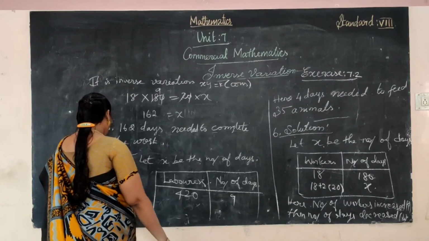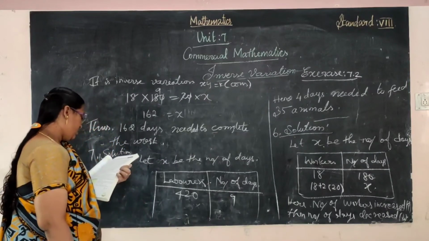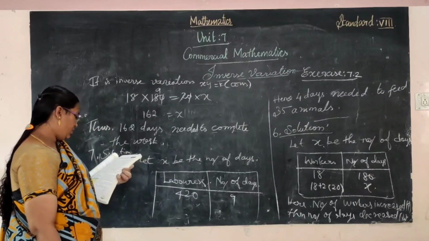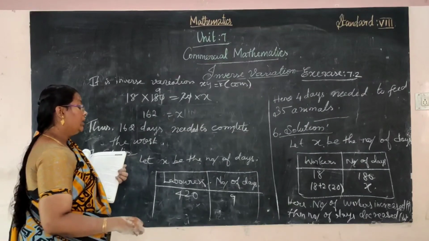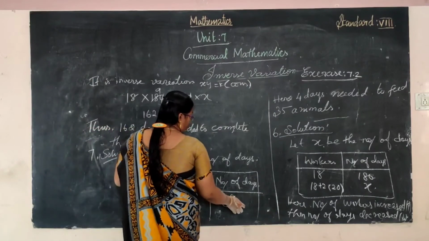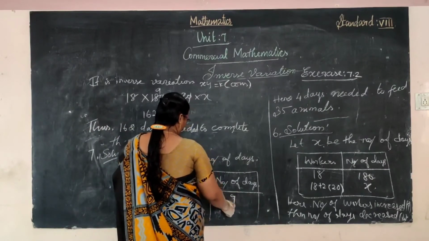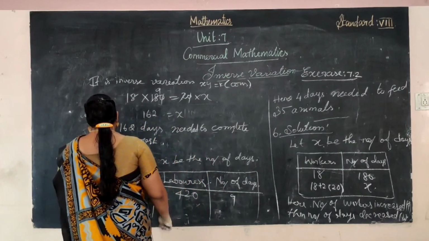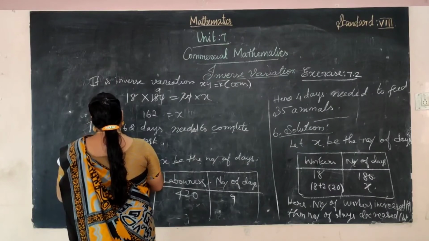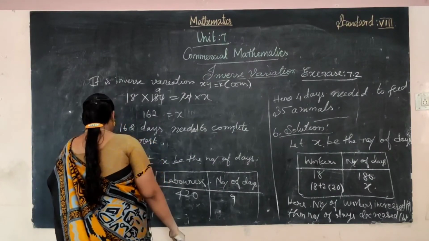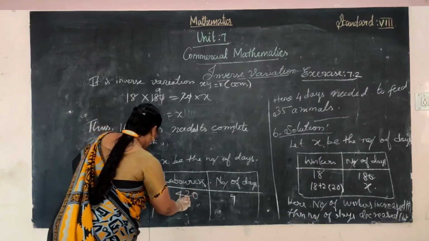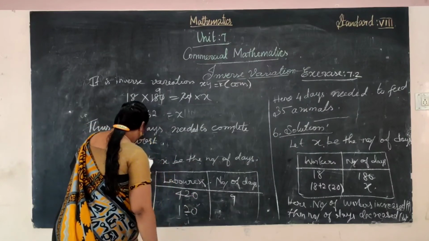Months is given, but we have to find it in days, so we will change months to days. 9 months means 9 into 30. And next one, 120 into x.